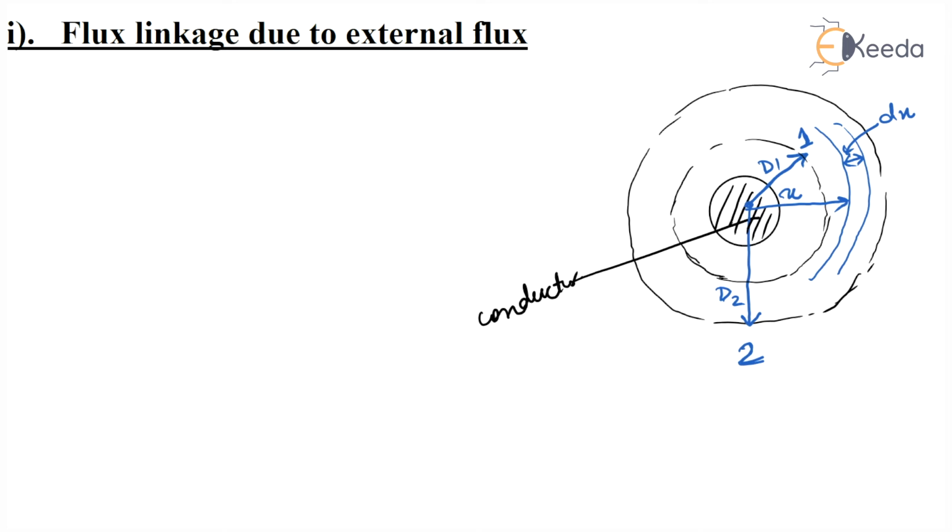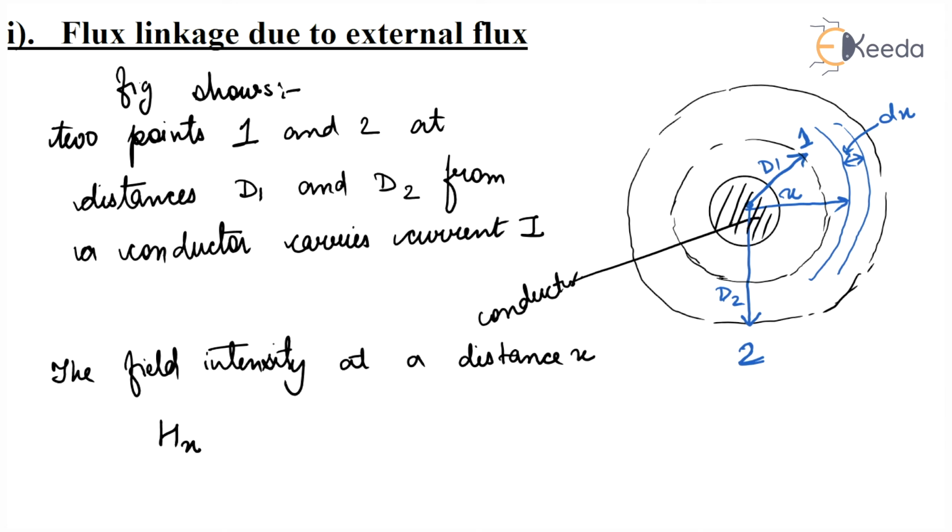Since the magnetic lines of flux are concentric circles around the conductor, the whole of the flux between the 2 points 1 and 2 lies within the concentric cylindrical surfaces which pass through these points. So the field intensity at a distance x, Hx, is equal to I upon 2 pi x ampere turn per meter.